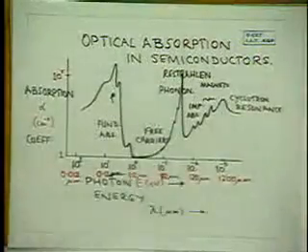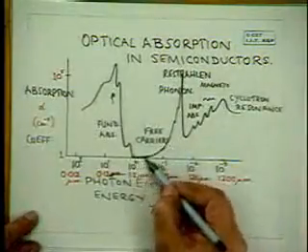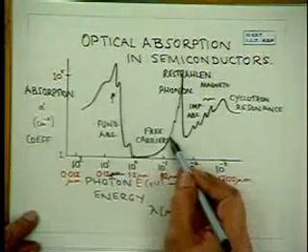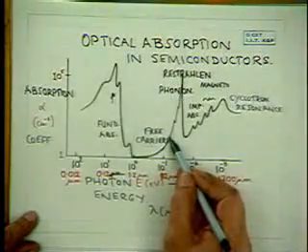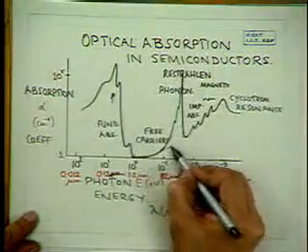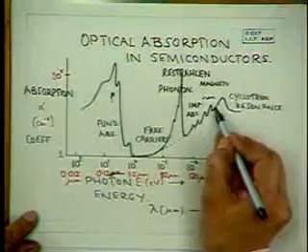If I go back to the original diagram that I showed, this is free carrier absorption due to electrons in the conduction band or holes in the valence band. One can say that this continues like that, and it goes as lambda to the power n.